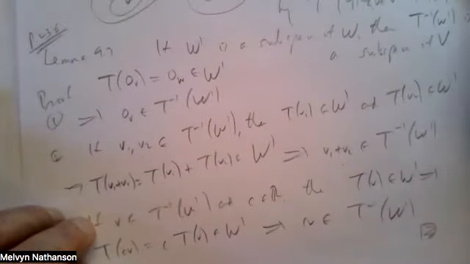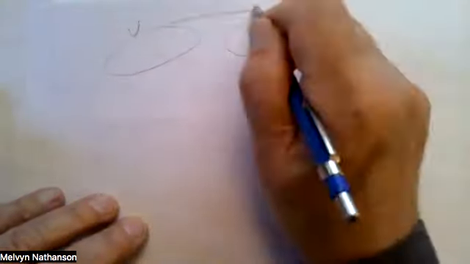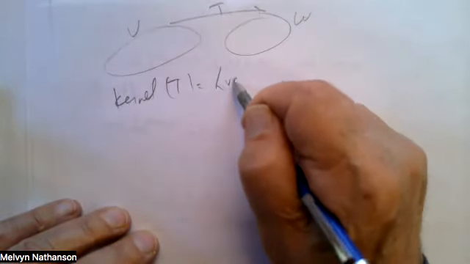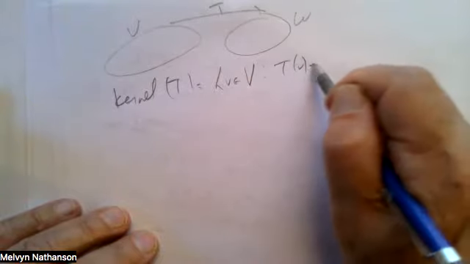There's one more important subspace associated with the linear transformation, and that's something called the kernel. So again, we have V, we have W, this function T from V to W. What is called the kernel of T is all vectors V in the vector space V such that T of V is 0.